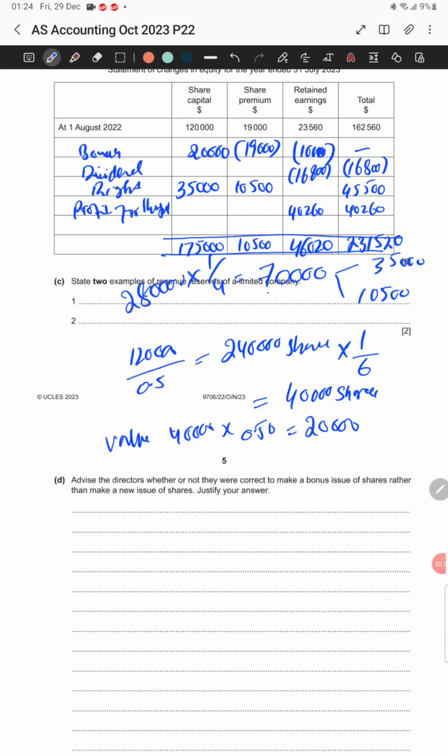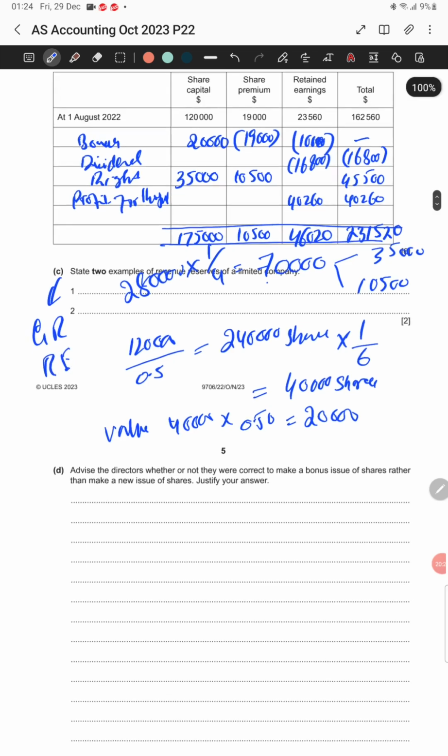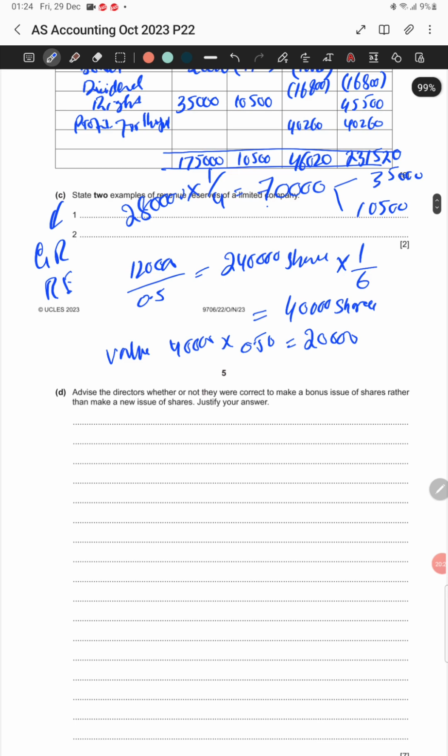Two examples of revenue reserves are general reserve and retained earning. For this question, advise the director whether or not they were correct to make a bonus issue of shares.